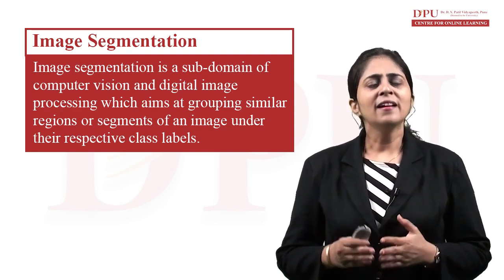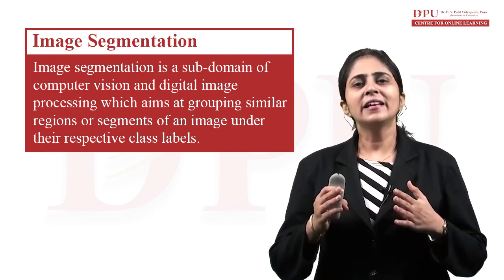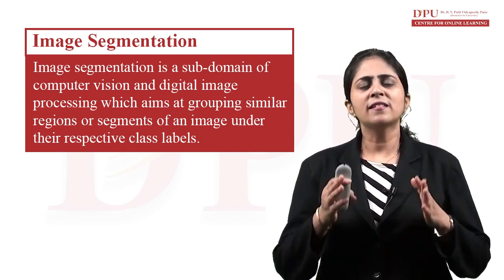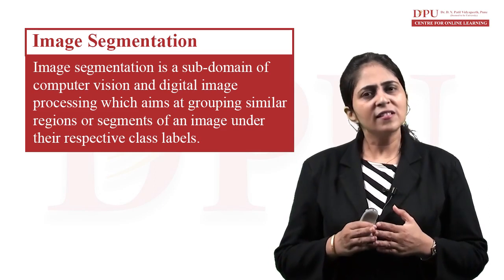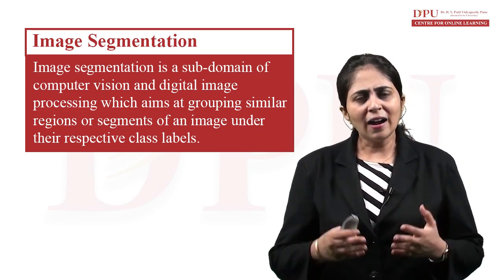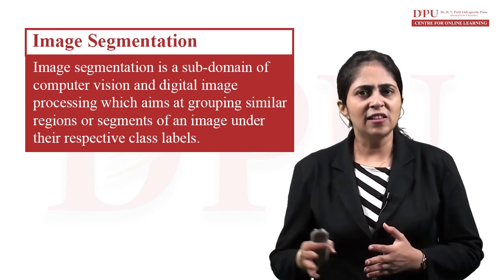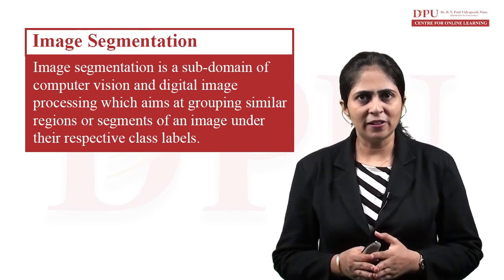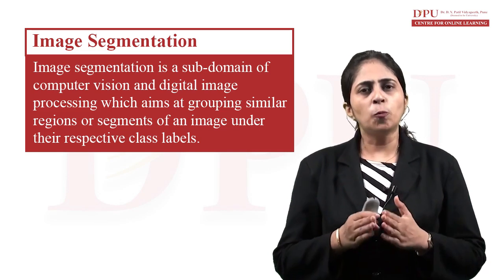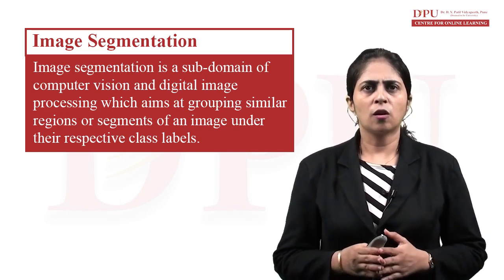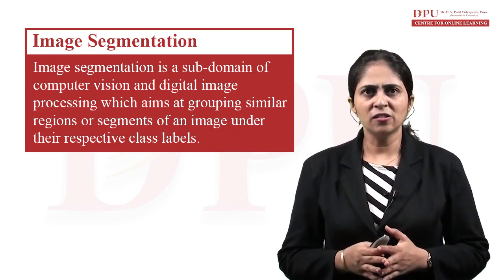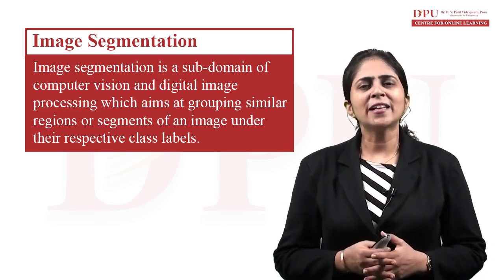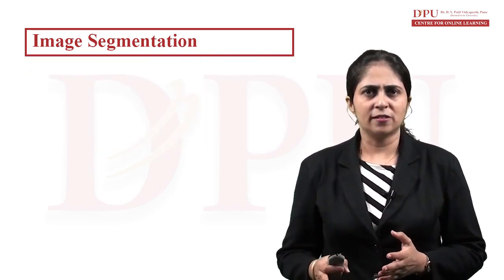Image segmentation aims at grouping the similar regions or segments of an image under their respective class labels. So what are we trying to do using image segmentation? We are grouping the similar regions or segments of an image under their respective class labels.